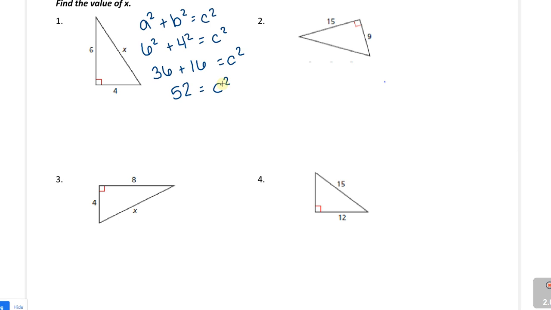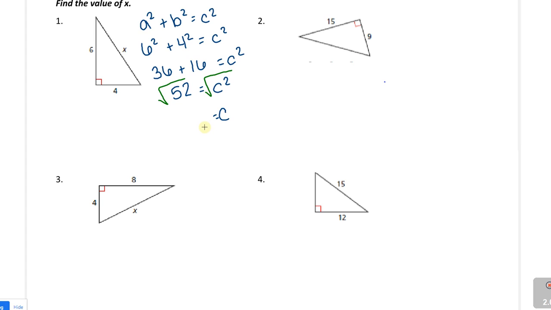So we need to undo squaring. Some of you might know what to do, some of you might not. To undo a square, we are going to take the square root. So we take the square root of both sides. So that cancels out, and we are only left with c equaling. Now in our calculator, we are going to do the square root of 52.